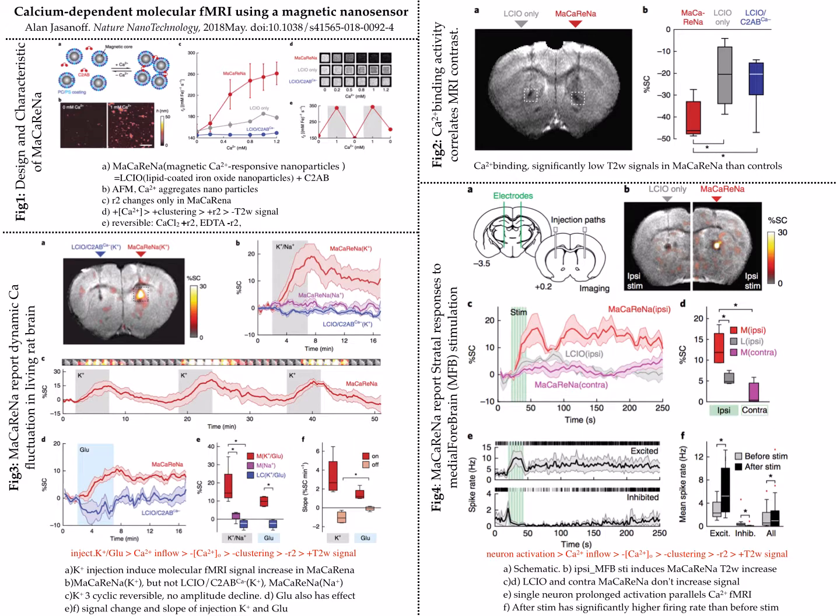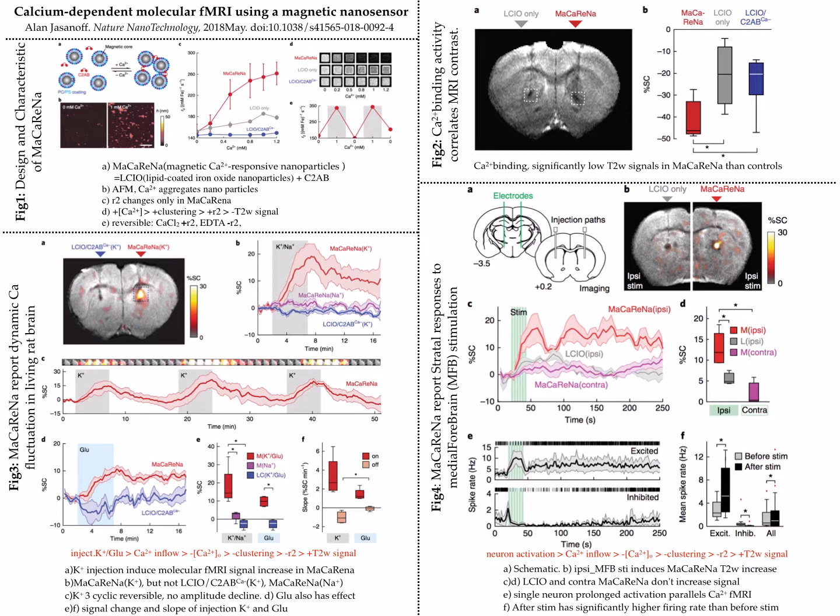You see the dark region. In the MaCaReNa region, because the brain already contains some calcium, you will see the signal decrease by 42%, which is significantly more than the control group, LCIO only.